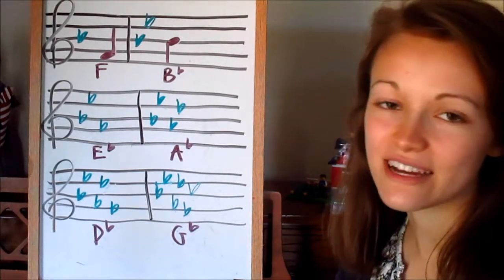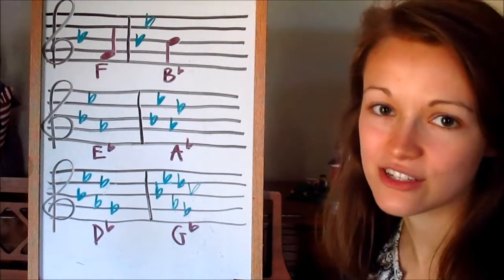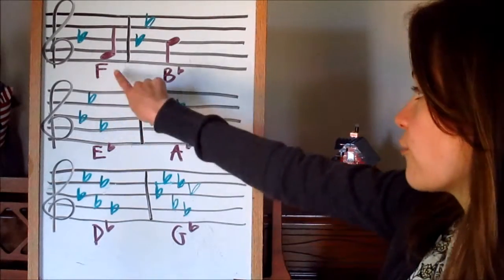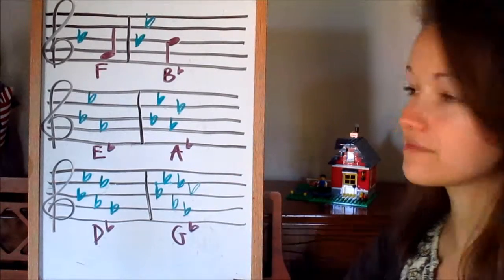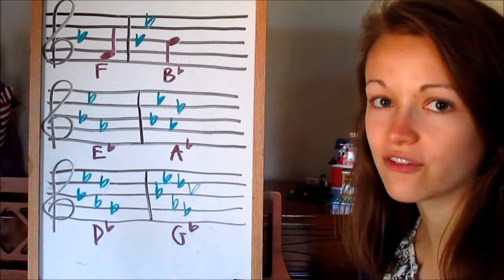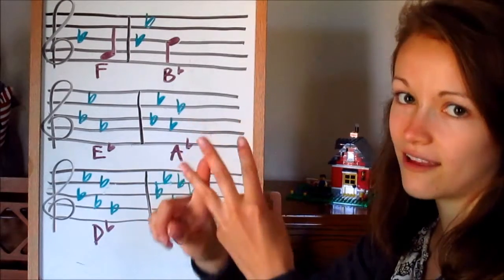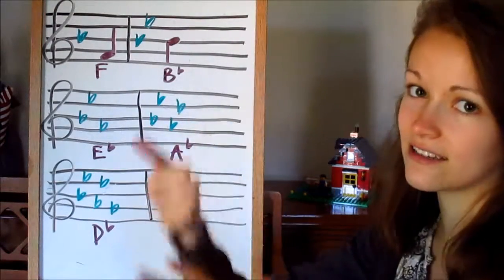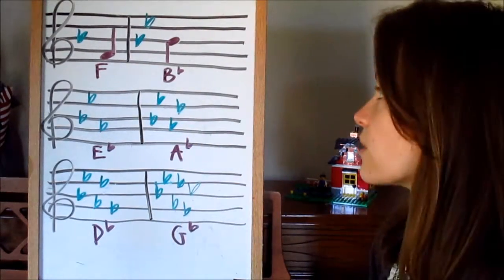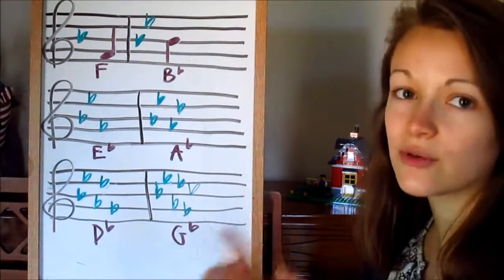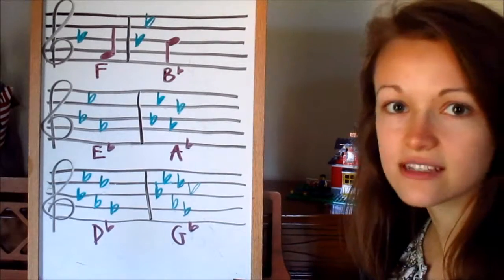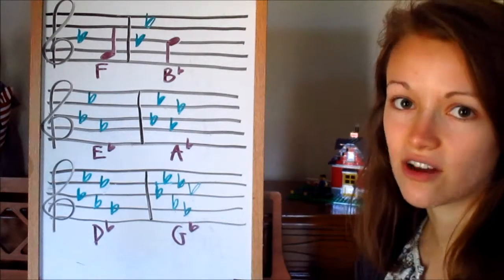The mnemonic device that I've been taught to use for flats is: Freddie bought Eddie a dented gift. So if you count that off, Freddie bought Eddie a dented gift. So you open up your score, and if you see that there's flats next to the clef, you can count using the mnemonic device, and you'll figure out what key the song is in.